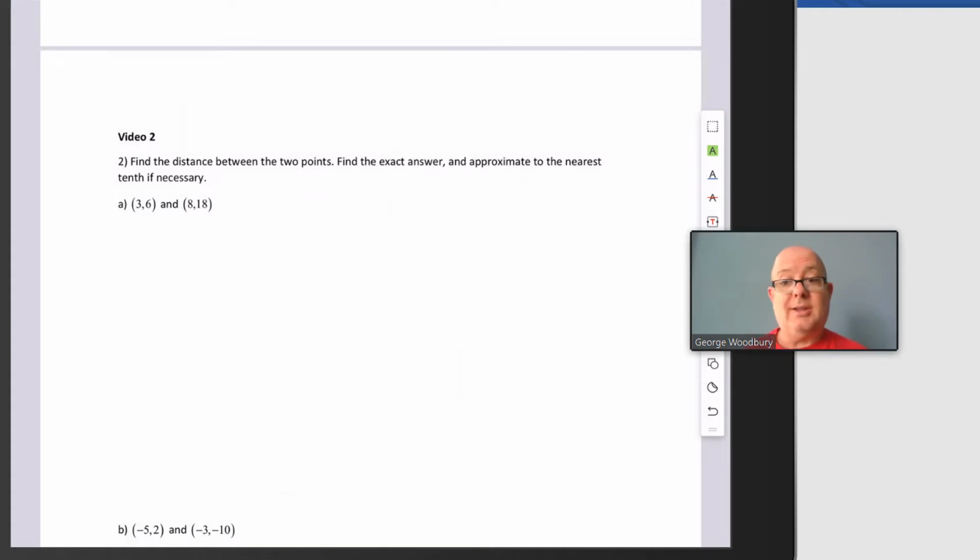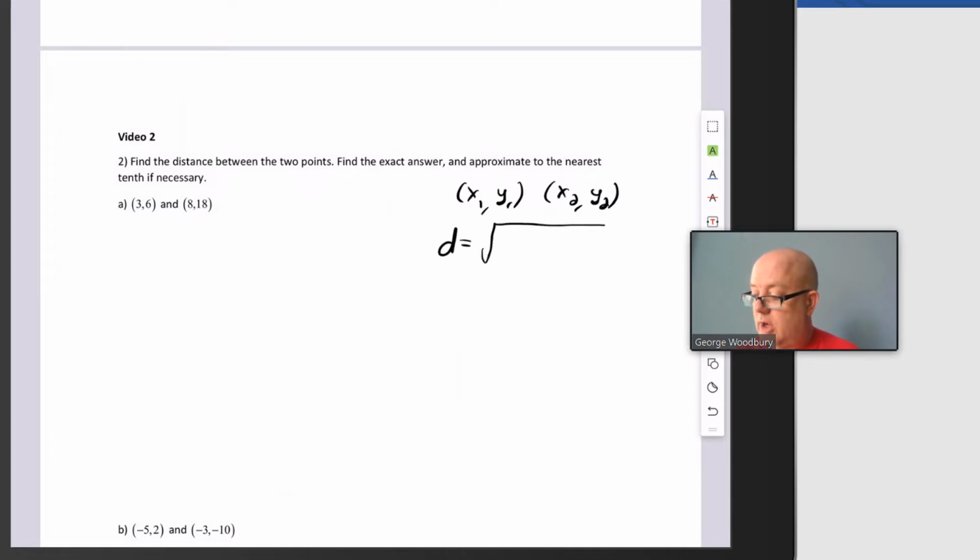So before we begin, let's start with the distance formula. Say you have 2 points, x1, y1, meaning the first x coordinate and the first y coordinate, and x2, y2. Then the distance, d, is equal to the square root of the quantity x2 minus x1 squared.